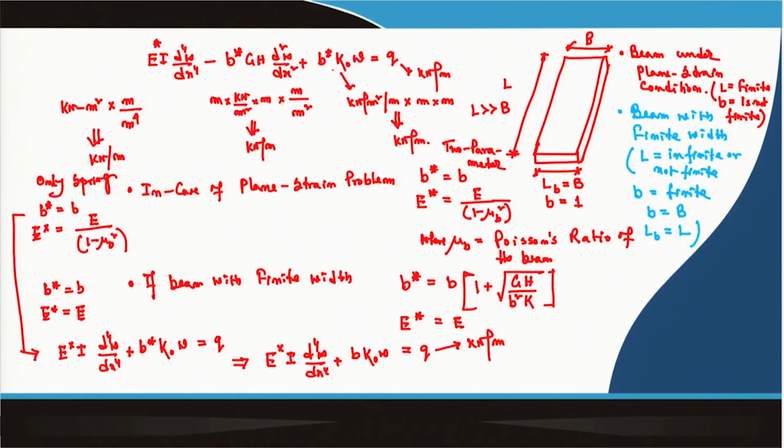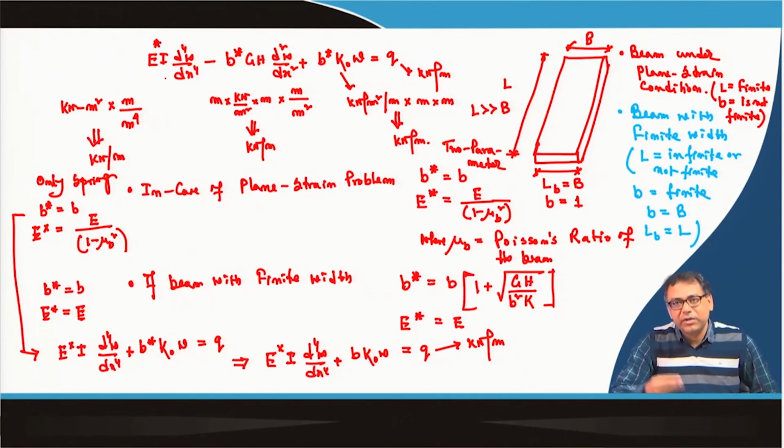Now, I want to discuss that these equations are general equations. I have discussed that you can use them with infinite length, you can use them with finite length also.